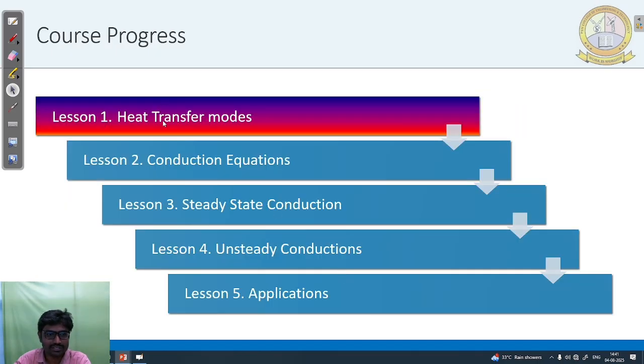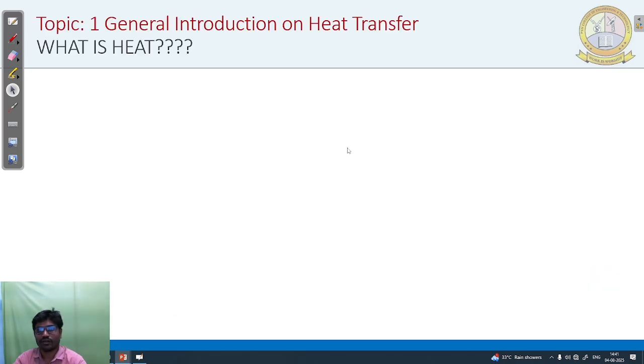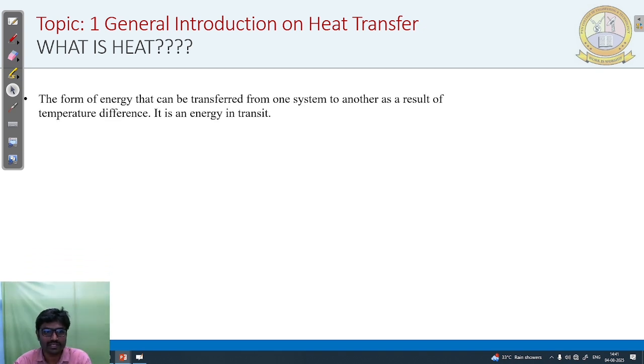As I mentioned, we are going to lesson 1, heat transfer modes. First of all, we want to understand what heat is. In general, we say heat is a form of energy that can be transferred from one system to another with the help of a temperature difference. As we always know, heat flows from higher temperature to lower temperature.